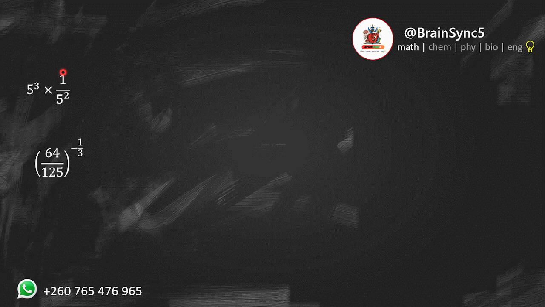It is like so. You just reverse it back to this, and the reason why I'm doing it is because I want them to have the same bases. Why do I want them to have the same bases? So that I can do it: same bases, you add the powers, so it is 3 plus negative 2. What is 3 plus negative 2? It is 1. So the answer is 5. Simple, okay? Very, very simple.